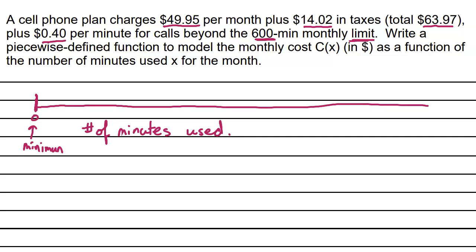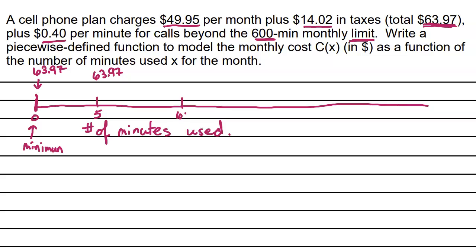And you're going to be charged $63.97 right here, even if you don't use your cell phone, every month. If you use 5 minutes, you're still going to be charged $63.97.